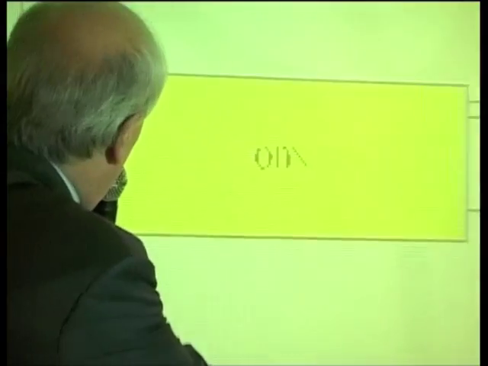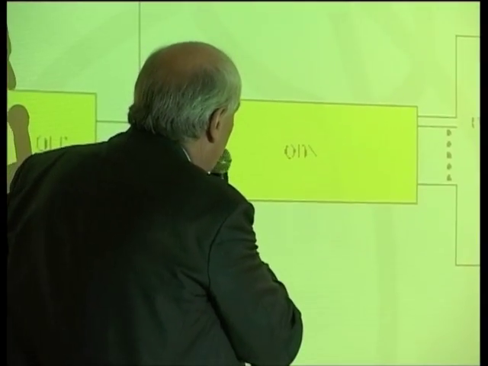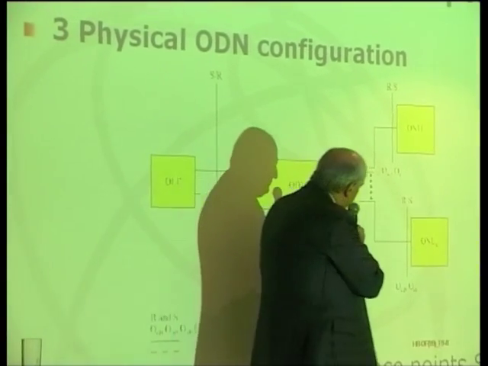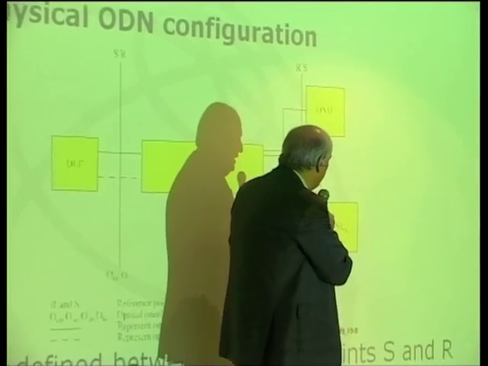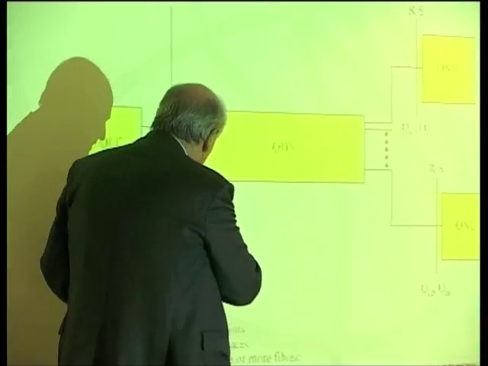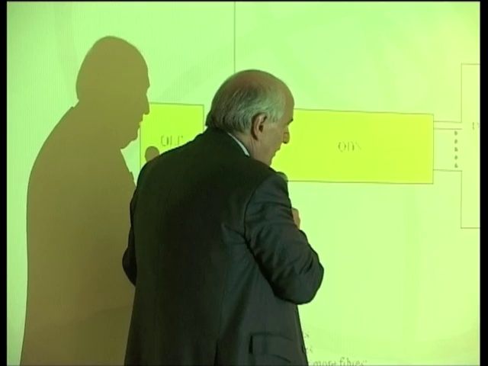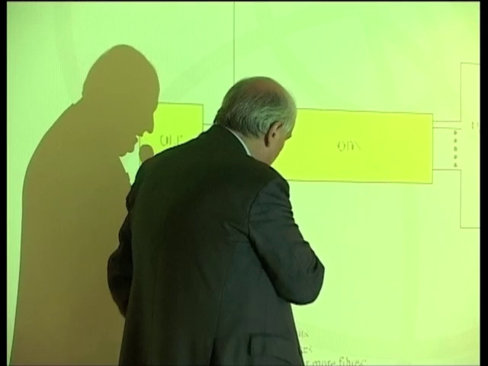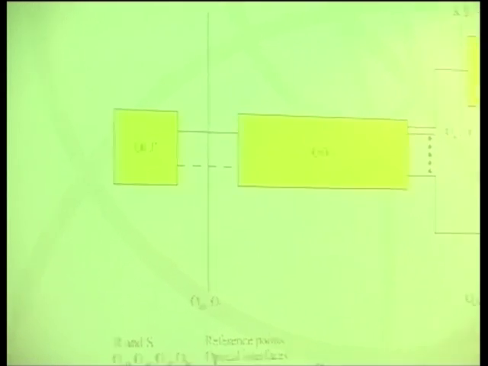Just after the optical line terminal, I have the standard interfaces S and R, which are sending and receiving interfaces, which are the complement of the RS, receiving and sending interfaces, just before the ONU. And moreover, I have also optical interfaces, which means not only electrical parameters, but also the wavelengths that are to be used by the optical line terminal and by the optical network units.